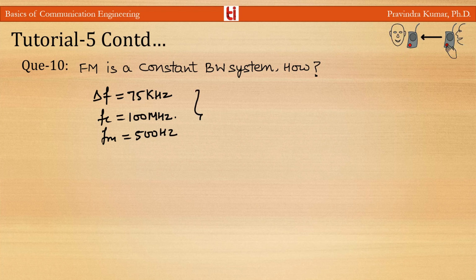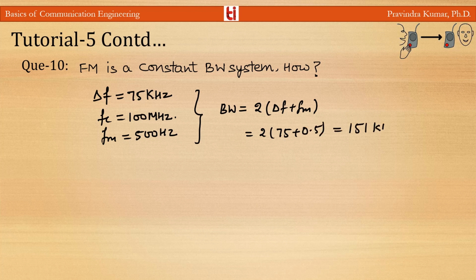So with these parameters, the bandwidth for this system will be 2 delta f plus fm, which is 2 × 75 + 0.5, that is 151 kilohertz.